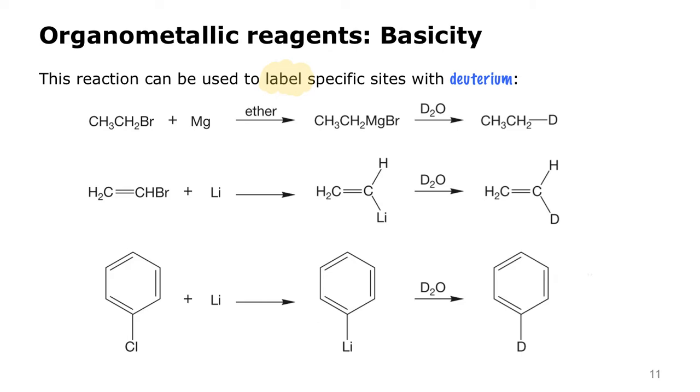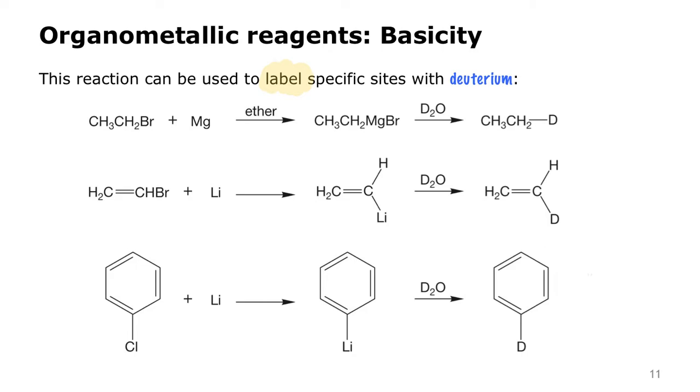If we look at our first example, we can synthesize ethyl magnesium bromide from ethyl bromide and magnesium in the usual fashion under anhydrous conditions. And then we can add not water, but D2O to that compound, and that acid-base reaction occurs, and we've introduced a deuterium into the molecule.